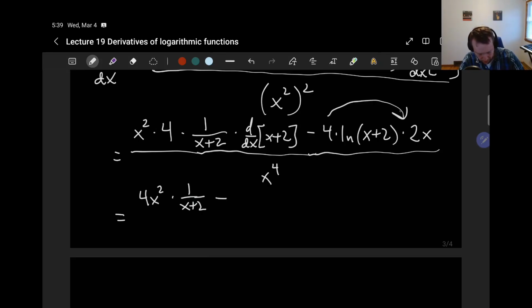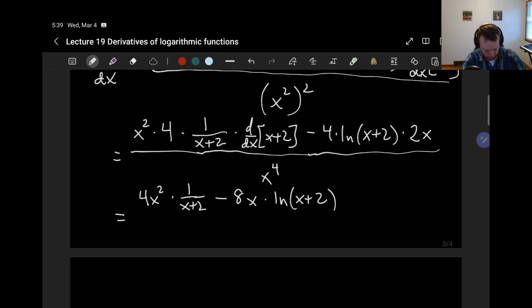And I can bring this 4 and 2 together as an 8. Notice that both of these terms have an x in them. So that can cancel with one of these x's down here.